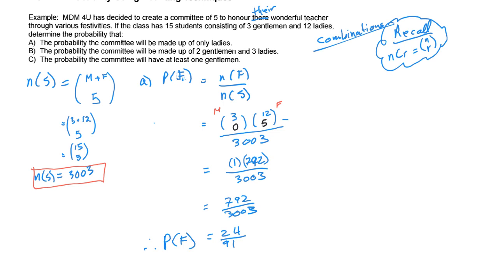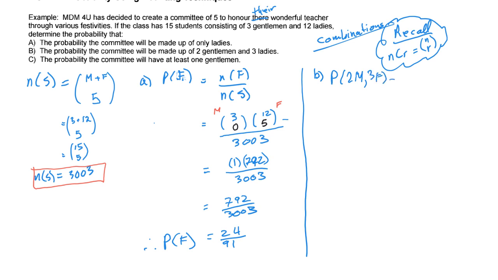So now that we've gone through the long way of doing this, let's see what we can do for the B value, and then we'll make another page and do C's separately. So for B, now it says the probability that the committee will be made up of 2 gentlemen, P of 2 males, and 3 females.